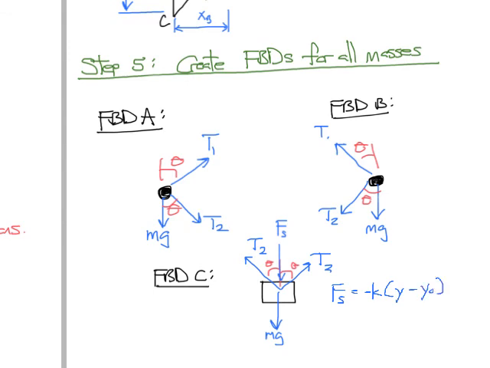And our Y in this situation is the Y of point C, so it's YC. We created a constraint equation earlier where YC is equal to 2 times L cosine theta. So you're able to take all this information, apply the constraint equations, apply Newton's second law, and be able to get the equations of motion for each of these masses.